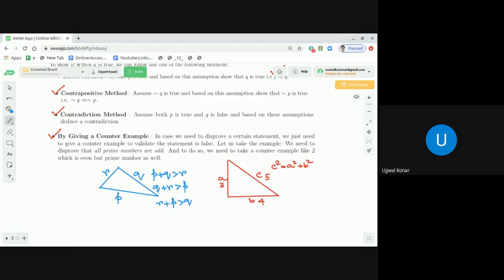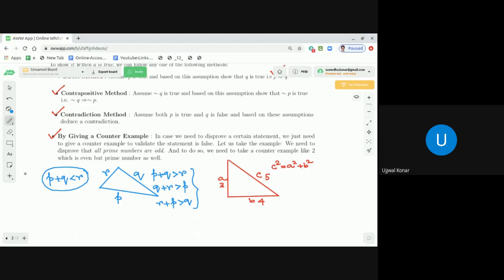These three conditions have to be satisfied for a triangle to be constructed. But if you can prove that P plus Q is actually less than R by means of some example, that is sufficient to show that you are not able to construct a triangle.